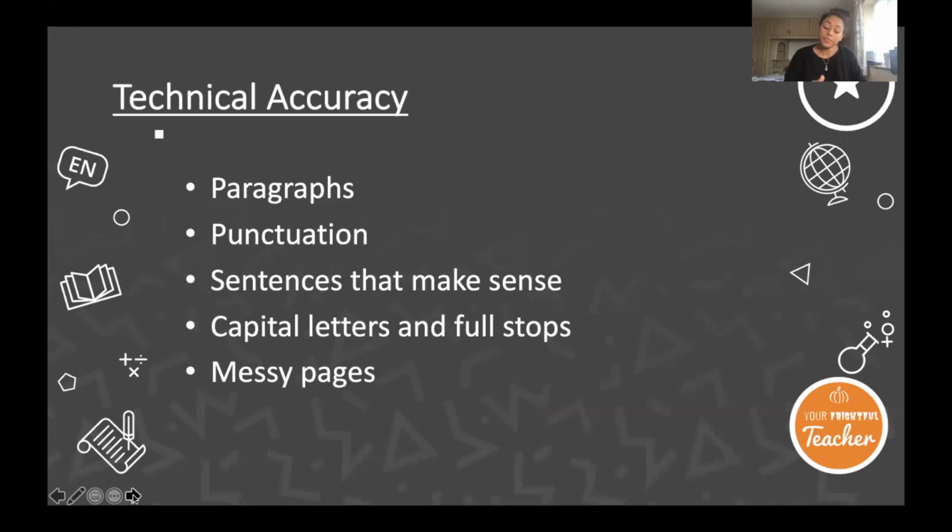Also, make sure that those paragraphs are not all like 10 lines long. Okay, what we want to see as examiners, as teachers, is a variation of those lengths, just because it makes it a little bit more engaging, and an examiner will visually look at your page first and they look for varied punctuation, use of paragraphs, capital letters and full stops.